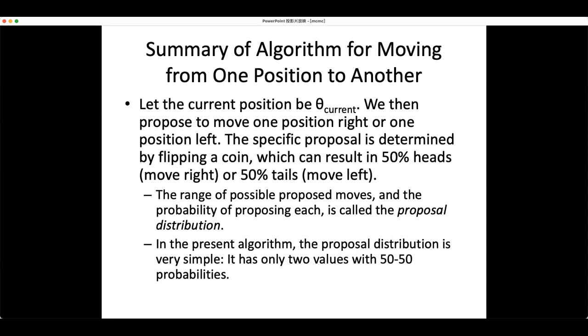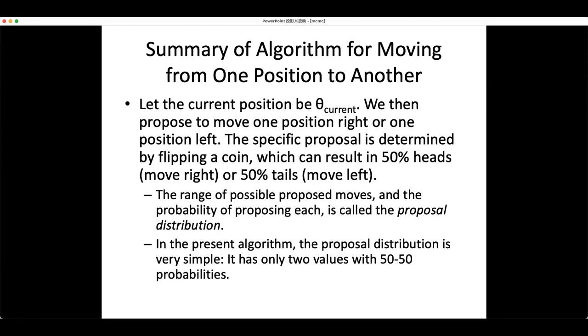This range of all the possible proposed moves, and the probability of proposing each, combined is called the proposal distribution.